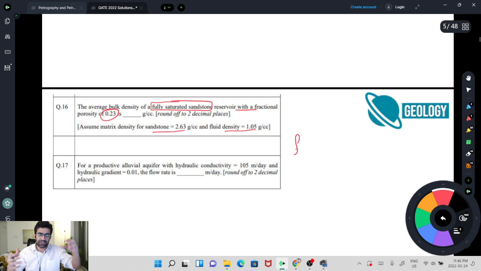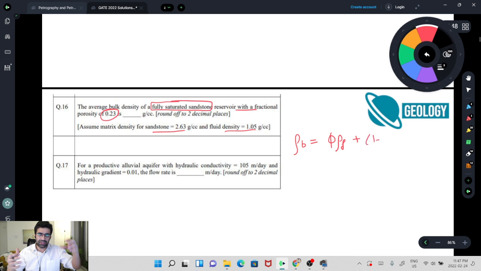So for fully saturated reservoir, the bulk density formula is rho b equals porosity into rho f, because fluid is present in the pore space, plus (1 minus phi) rho matrix. Matrix density is basically density of grains.